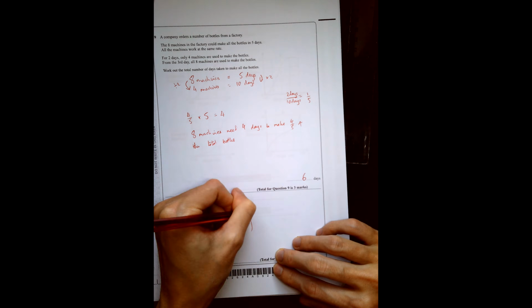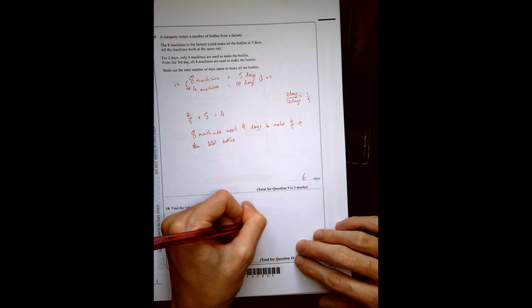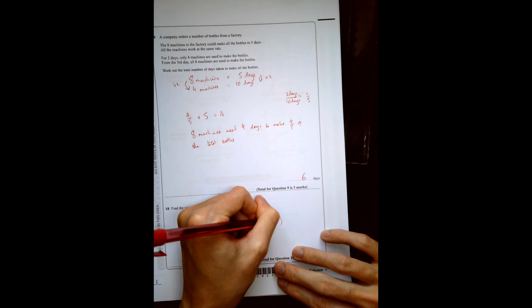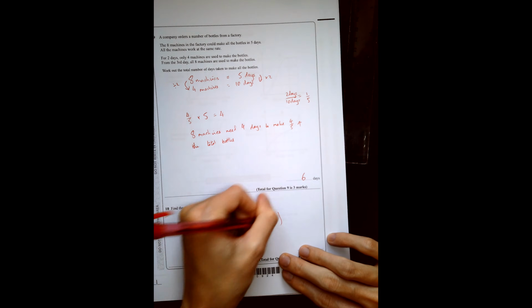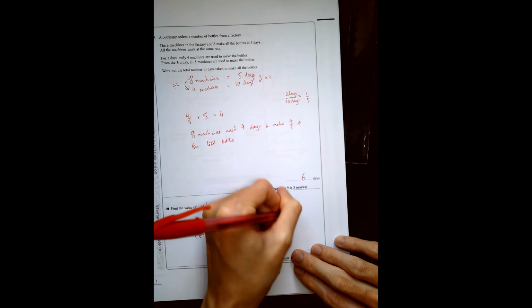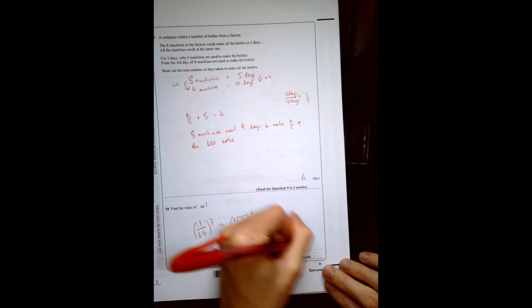And then we've got that squared. So we need to work out the bit in the brackets. Cube root of 1 is 1, and then we need the cube root of 64. So what number could I cube to get 64? And it's going to be 4. And then we need to square that. 1 squared is 1, 4 squared is 16, so 1 over 16 is the answer.